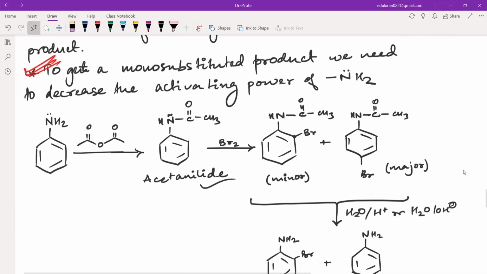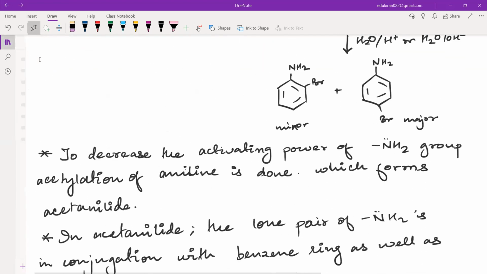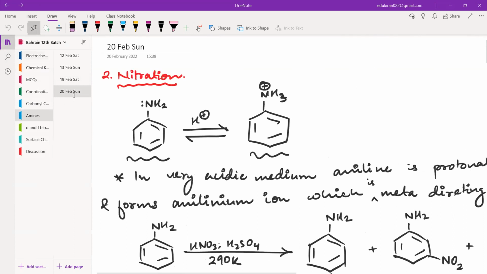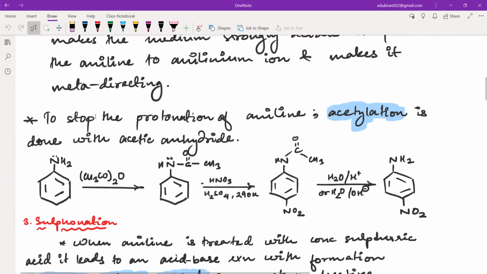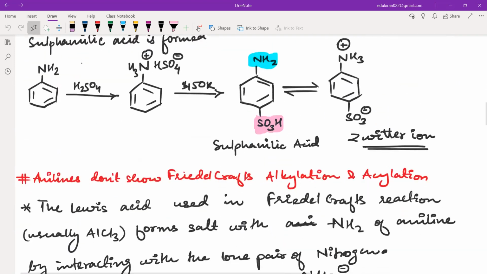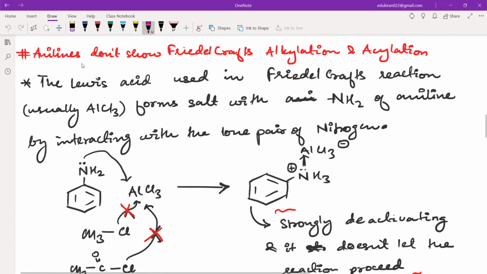Okay, now I think there is one thing regarding Friedel Craft alkylation जो हमने शायद लिखाया हो आप लोगों को। ये देखिए, this is also very important. Okay, this has been asked multiple times. Anilines, they don't show Friedel Craft alkylation reaction. Why? Okay, so these reasons type of question.